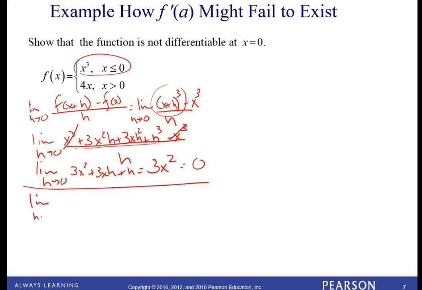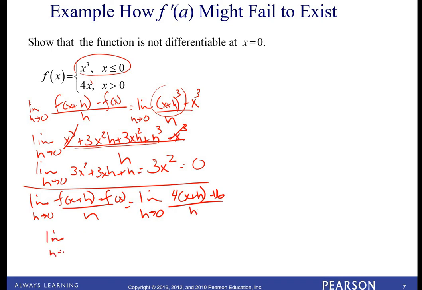Approaching from the other side, we're going to have the limit as h approaches 0 of f of x plus h minus f of x over h. In this case, I'm using the 4x equation. So the limit as h approaches 0 of 4 times (x plus h) minus 4x over h, which is the limit as h approaches 0 of 4x plus 4h minus 4x over h.